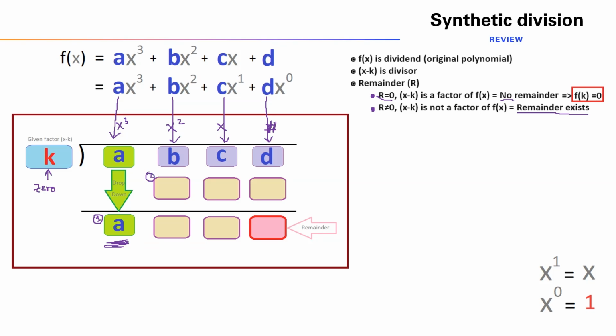We multiply the first by k, then we fill in the second box. So a times k, right? Now the third box, we add them in the column, so b plus ak.